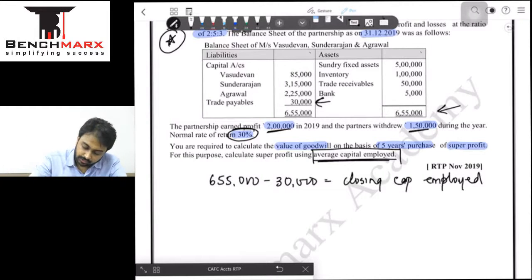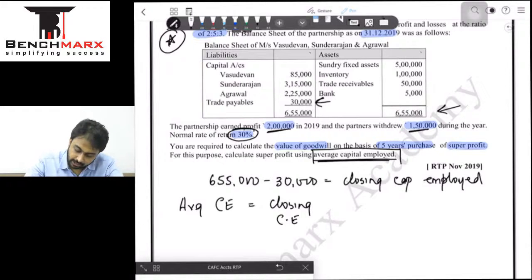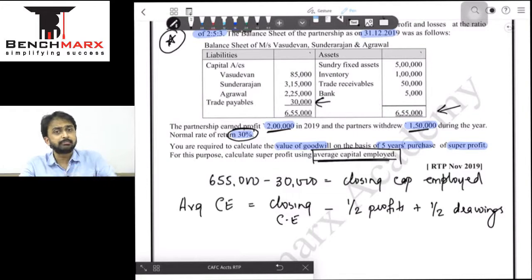That is why the average capital employed is equal to the closing capital employed, ठीक है, minus half the profits earned plus half the amount of drawings. Why? Because your closing balance sheet contains the profit, लेकिन profit तुमने पूरा साल earn नहीं किया है.